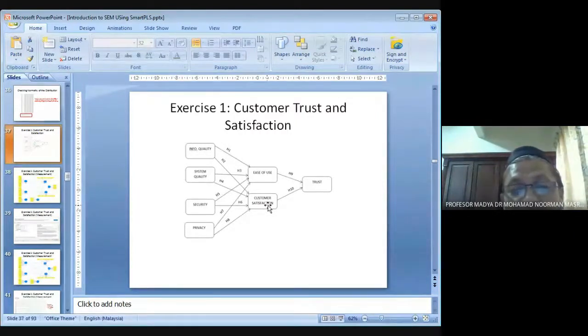This framework is for mobile banking. What is the rating given by the user in terms of trust, ease of use, and customer satisfaction of the mobile banking services?